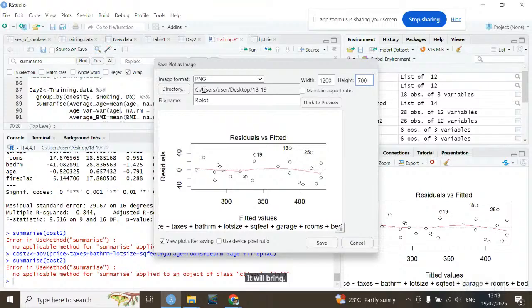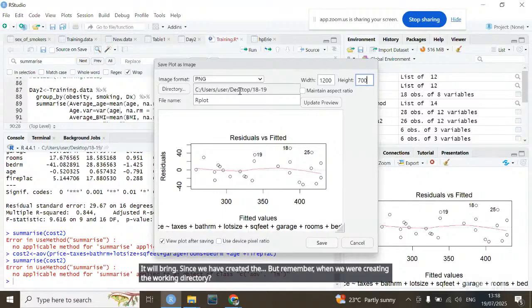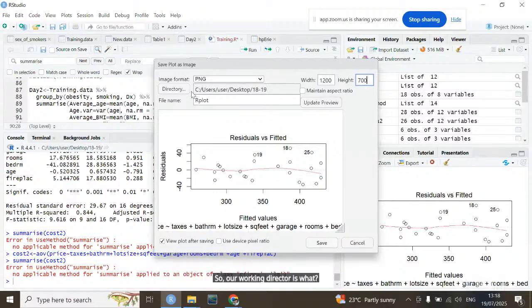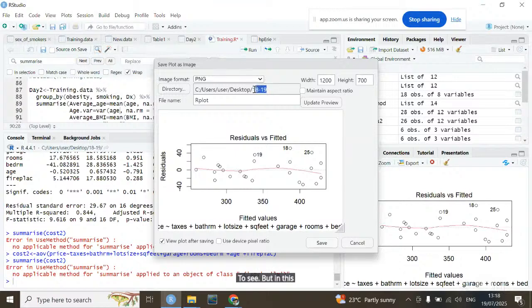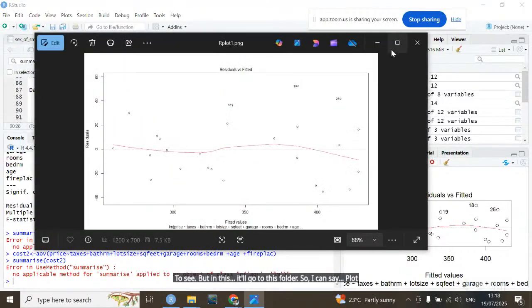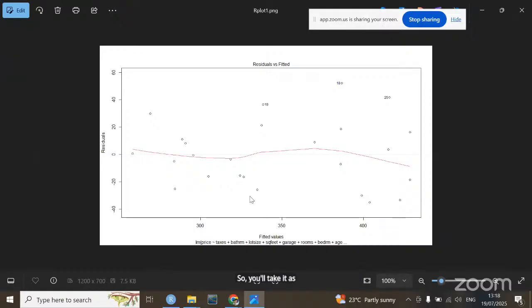Remember when we were creating the working directory, our working directory is in C, so the graph will automatically go to C. But in this case, it will go to this folder. So I can say plot 1, and you take it as an image. Is that one clear? Yes, thank you.